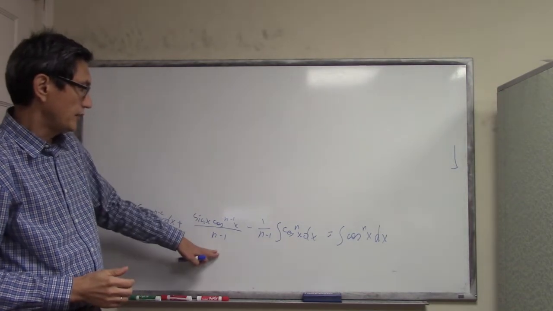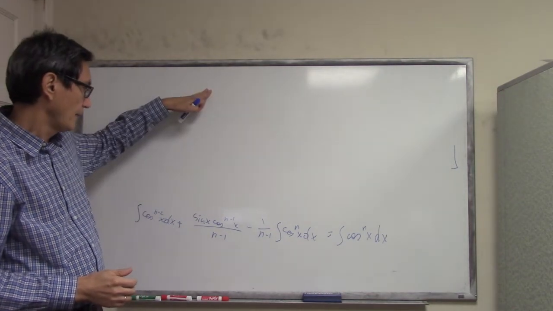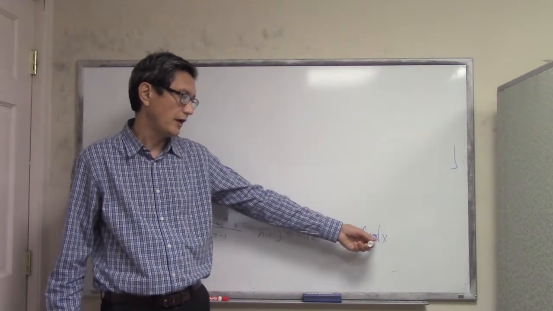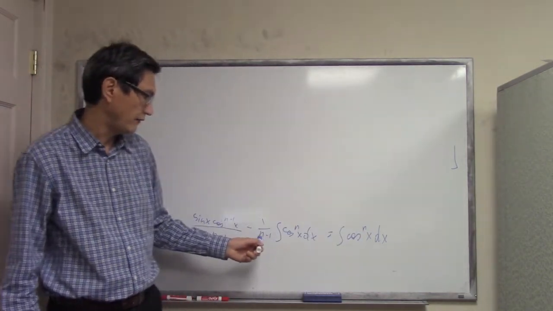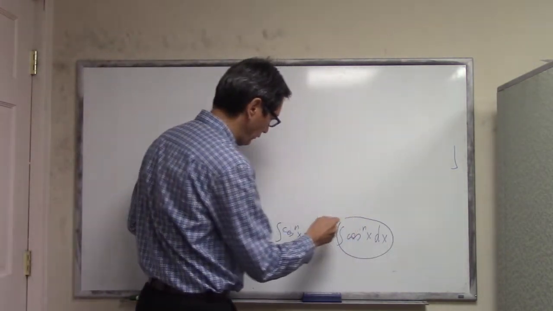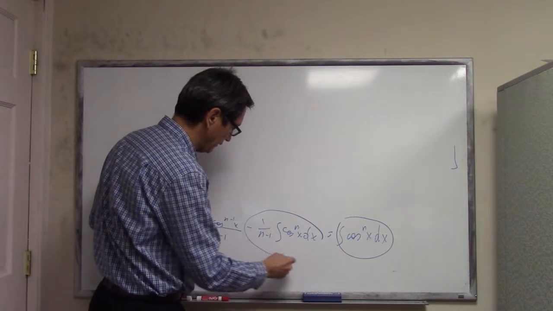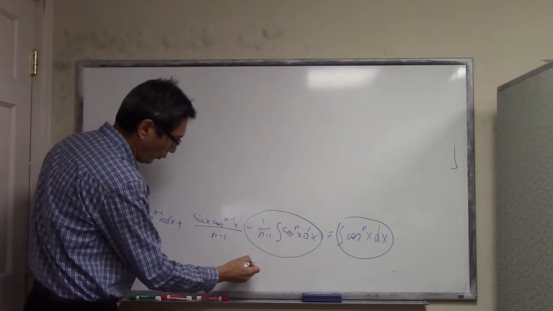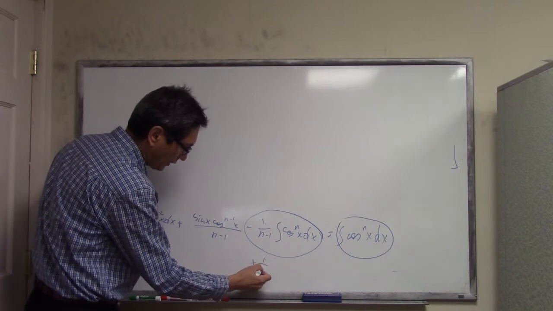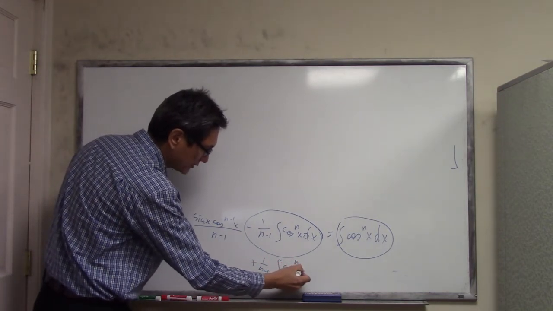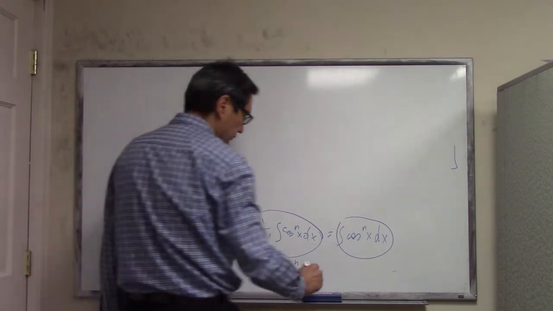So that's where we are now. What you notice is we are looking for the integral of cosine raised to the nth power of x dx, and we have it on both sides. So we have it here, and we also have it here. So we're going to solve for it. I'm going to add 1 over n minus 1 integral of cosine raised to n power x dx to both sides.